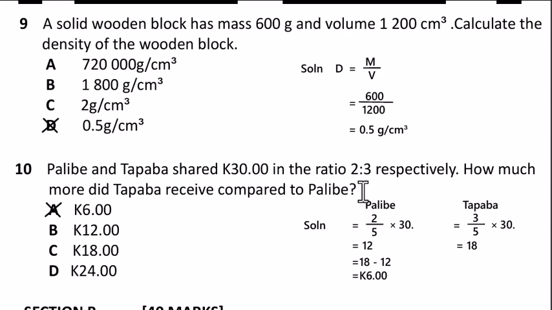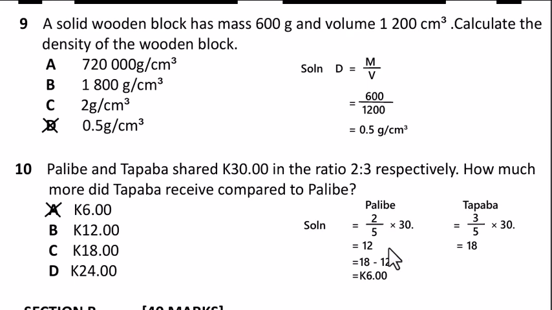In this particular case, when we add 3 plus 2, we get 5. Sorry, I don't have my board today. So Parib is represented by 2 over 5 multiplied by 30, which is equal to 12.